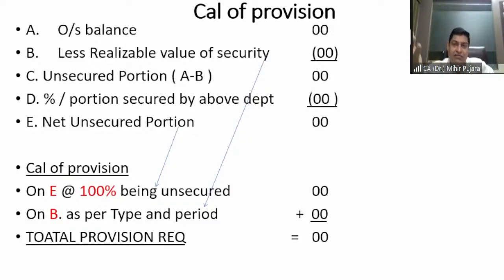Now guys, we learned in the provision topic that if it is unsecured, always take 100%. Please take a screenshot, guys, and then we'll start the questions.